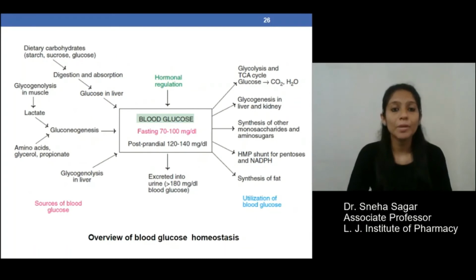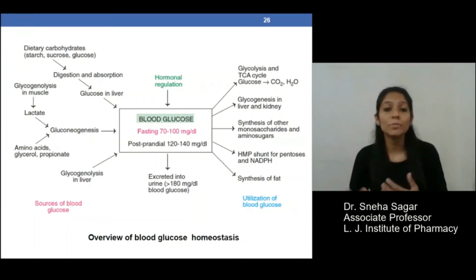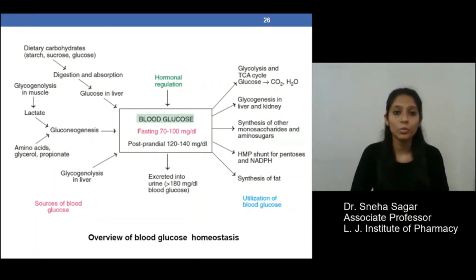This diagram represents an overview of blood glucose homeostasis. A normal blood glucose level is generally regulated by the presence of different hormones, and we have some sources of blood glucose as well as some utilization pathways of blood glucose.